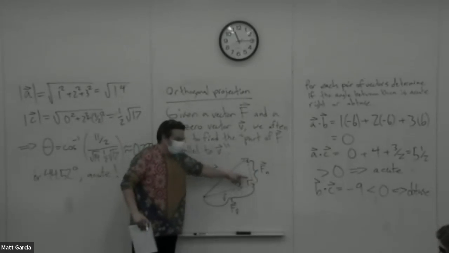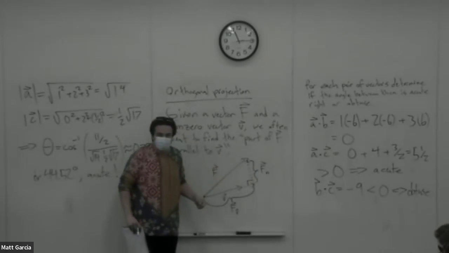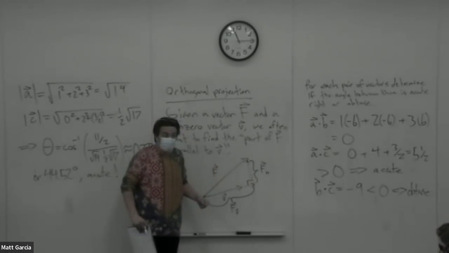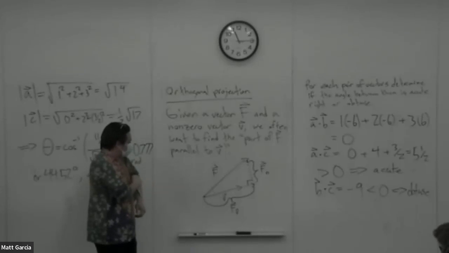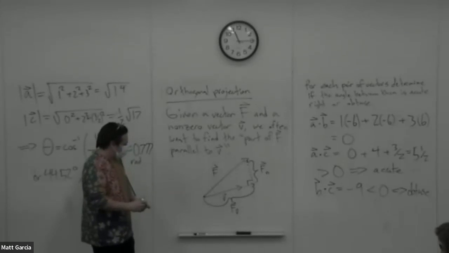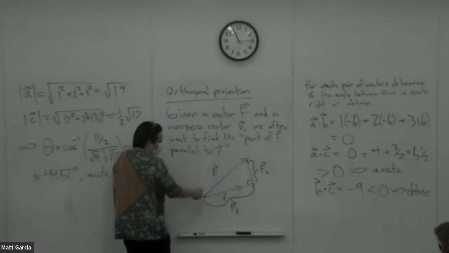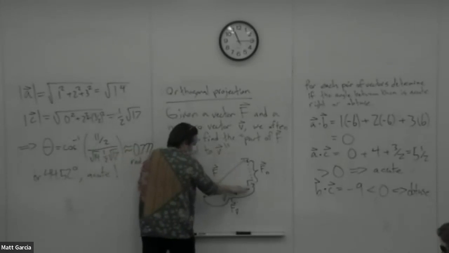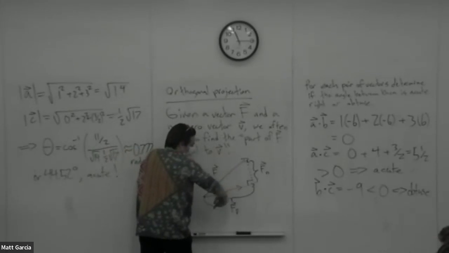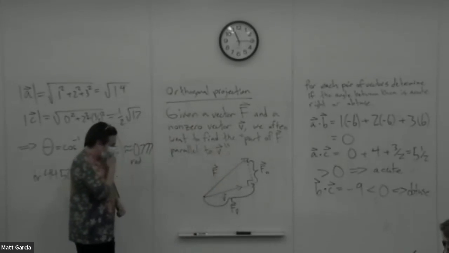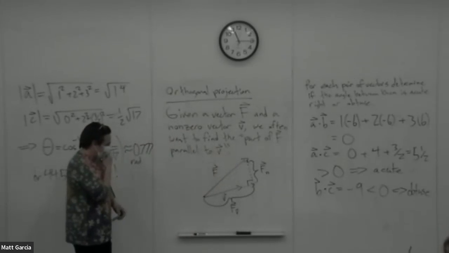Remember, this little box means a right angle. Okay, so very often in this setup where we have a vector F and a non-zero vector V, we're interested in this part of F, which is parallel to V.